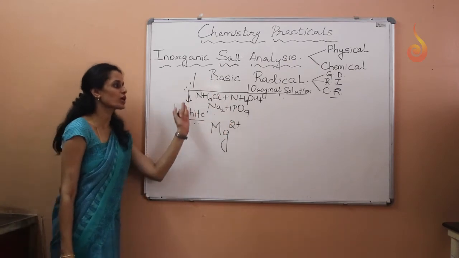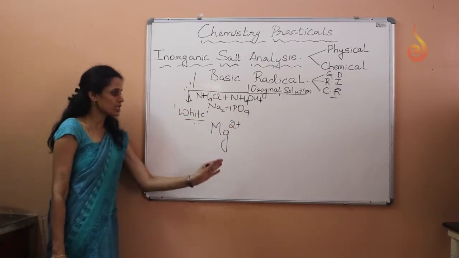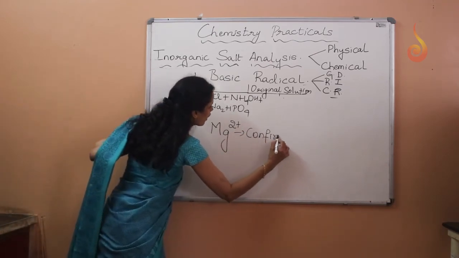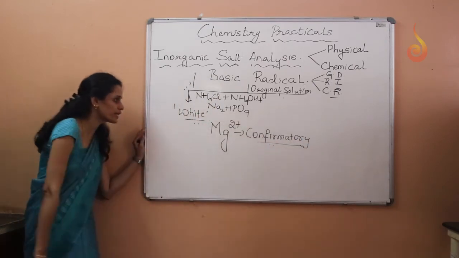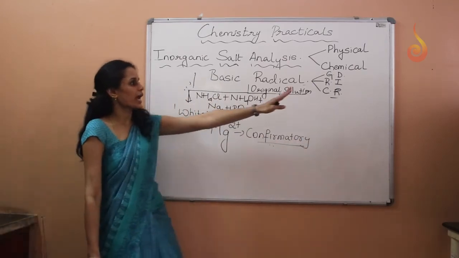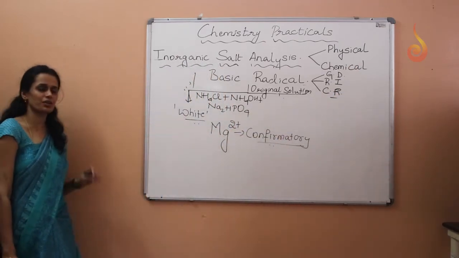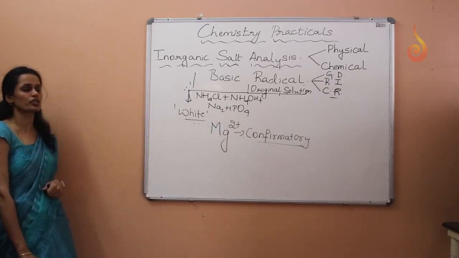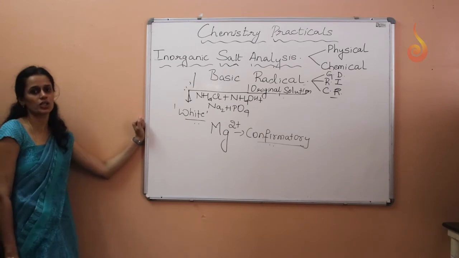Whatever test we performed to detect the presence of sixth group is nothing but the confirmatory test for magnesium ion. There is no separate radical identification. So once we get a white color precipitate after adding disodium hydrogen phosphate, we finally say that magnesium is present and confirmed.